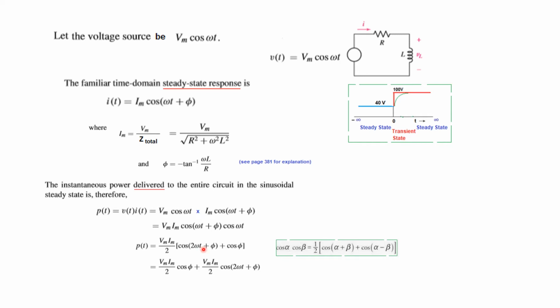Finally we are getting these two terms. Now note that this term does not have a t with it. That means this is independent of time, or this is constant, and this one is depending on time.